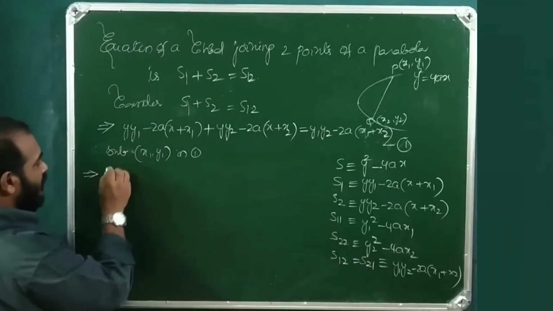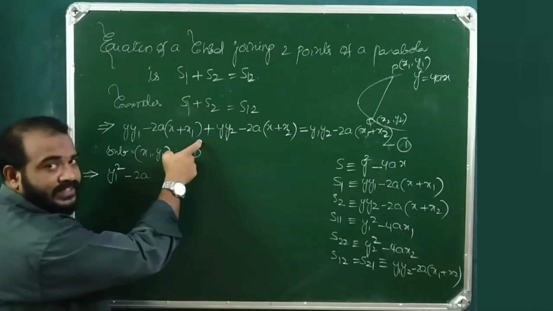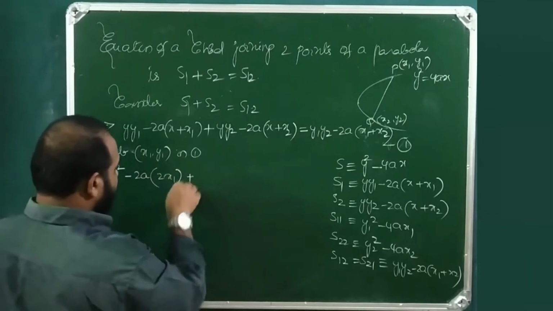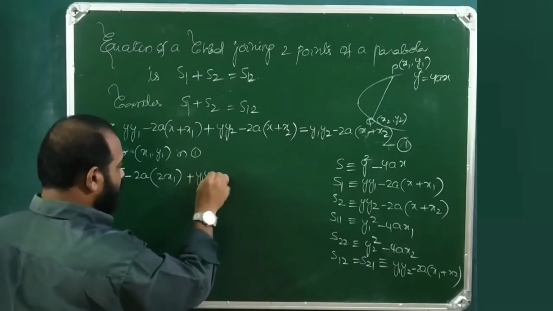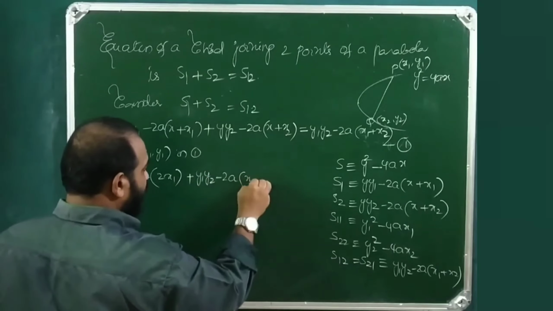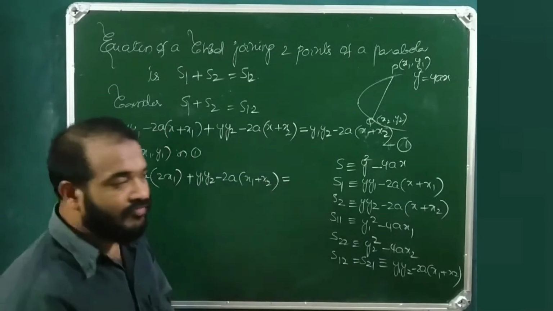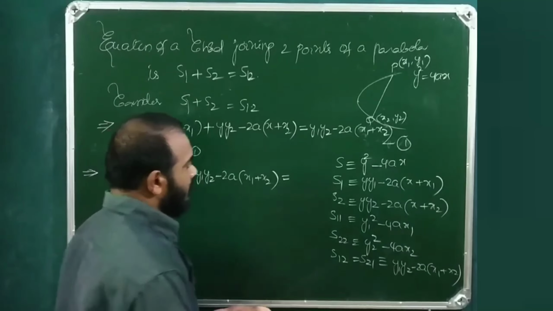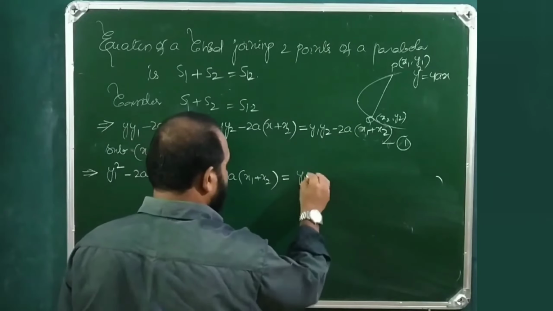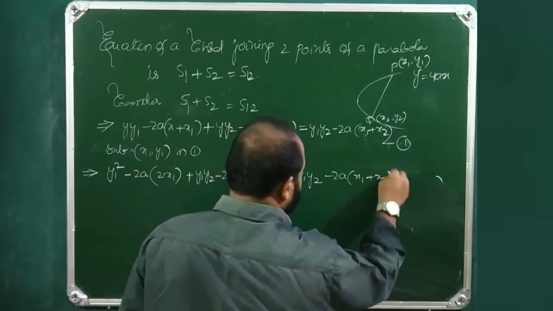In the same way, now here y1 square minus 2a into (x1 plus x1), that is 2a x1, 2x1, plus y1 y2 minus 2a into (x1 plus x2) equals y1 y2 minus 2a into (x1 plus x2).